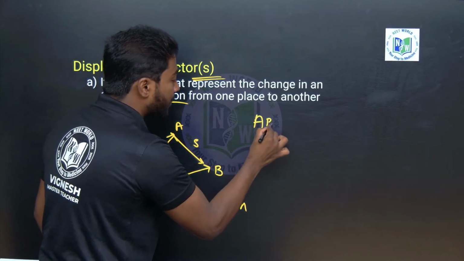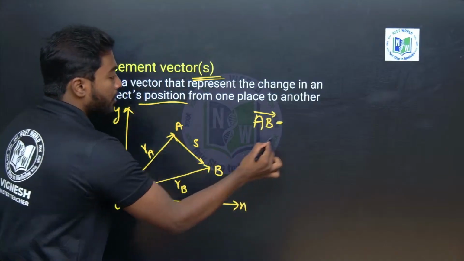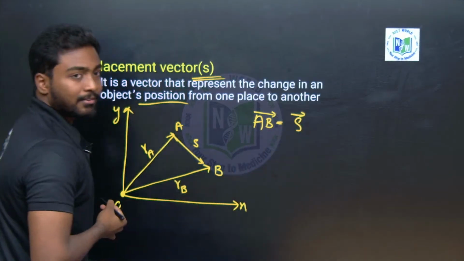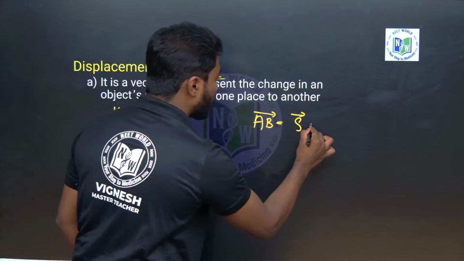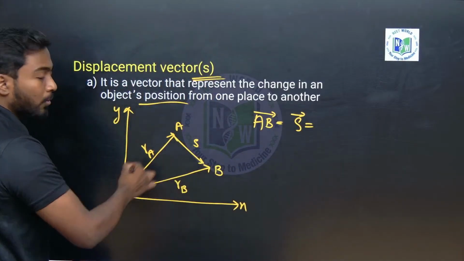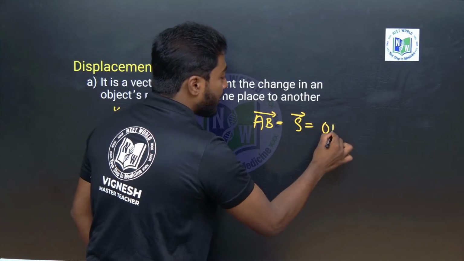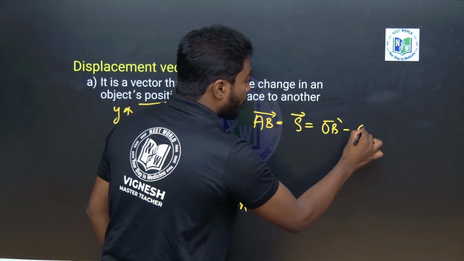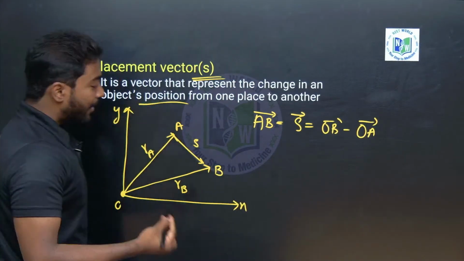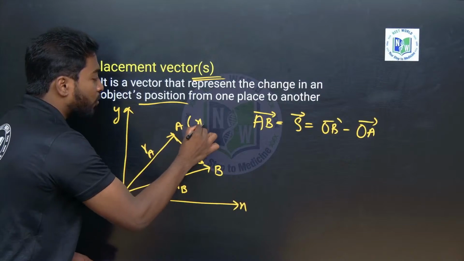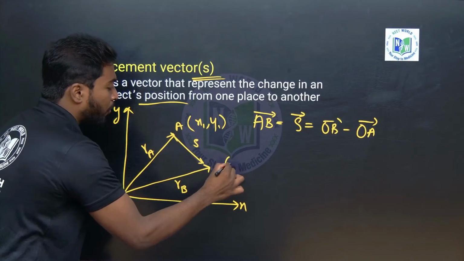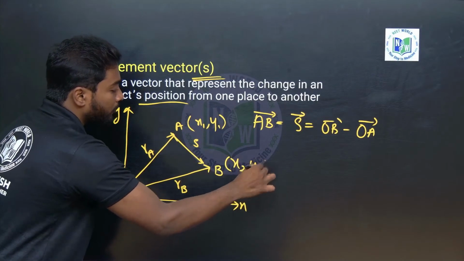So AB, the displacement vector, is equal to OB minus OA, where I take one point as x1 comma y1 and the other as x2 comma y2.